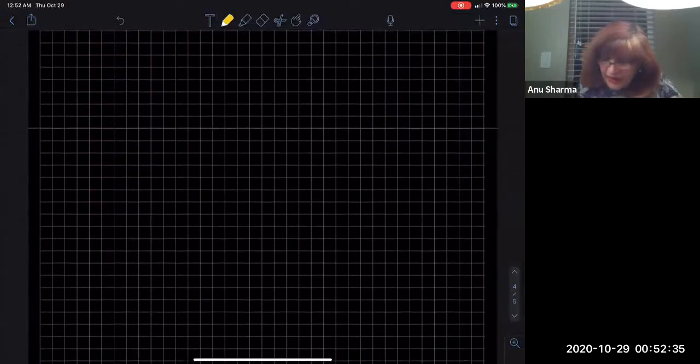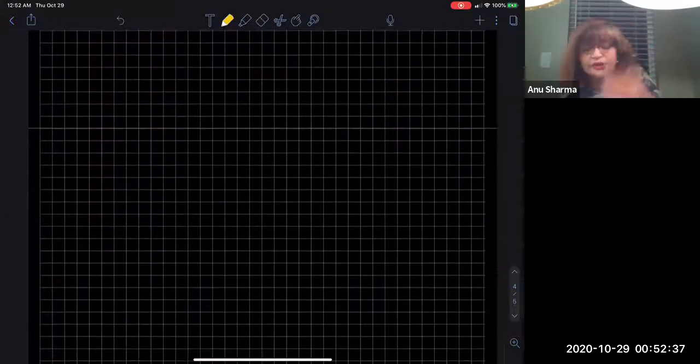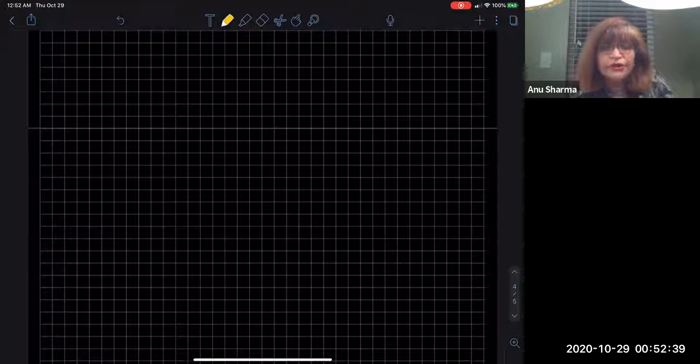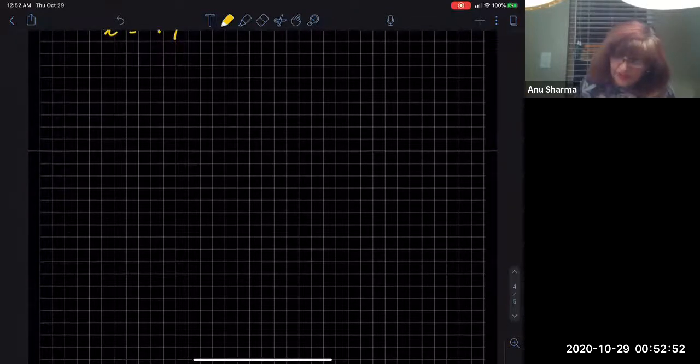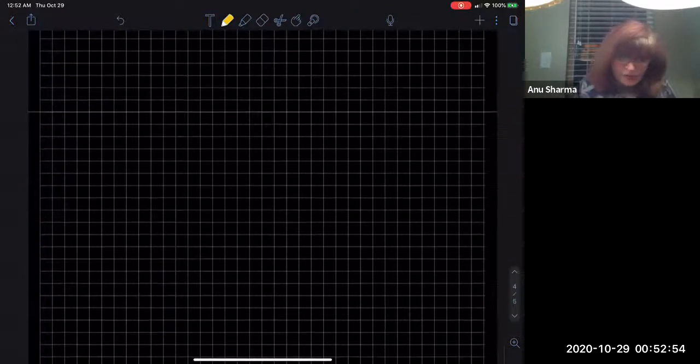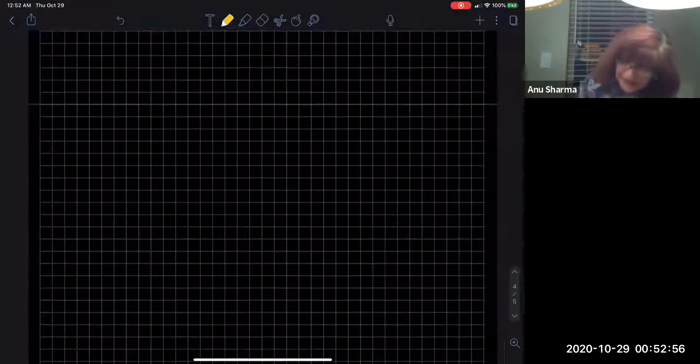Now let us look at those scenarios in which we are going to find out which of the elements is getting oxidized, which element is getting reduced, which element is acting as an oxidizing agent, and which one is not acting as the oxidizing agent, or in other words, is a reducing agent. Okay, so here's the situation. You have, let us say, iron.